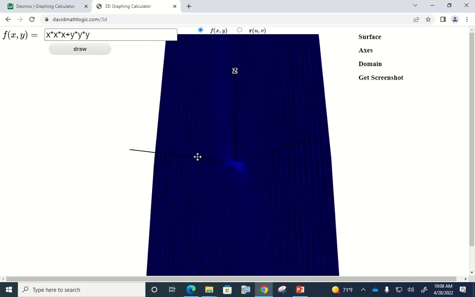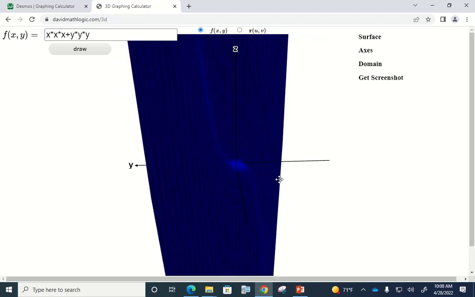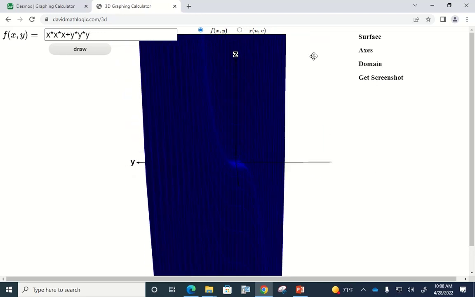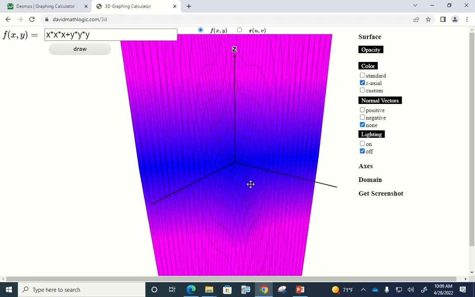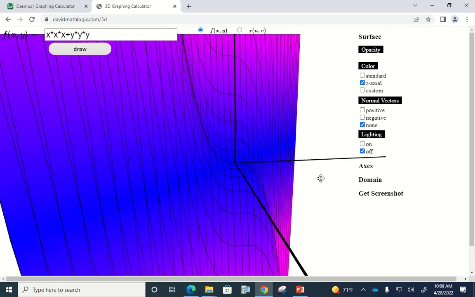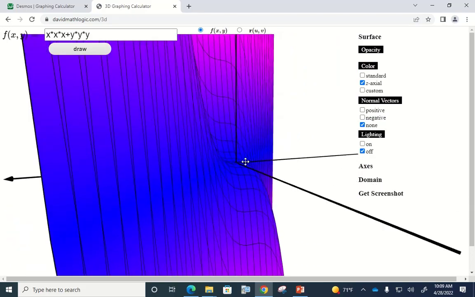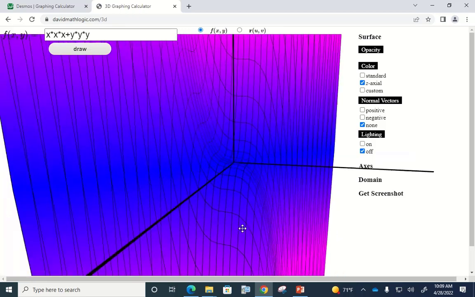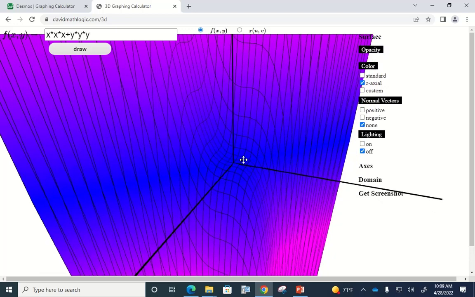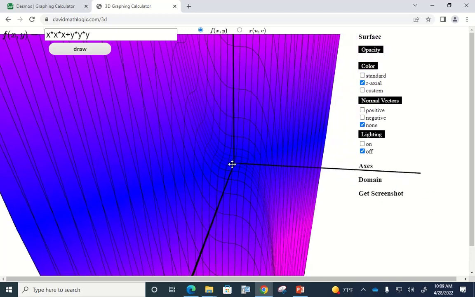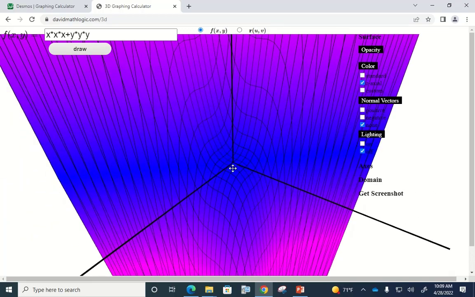Yeah. So it might be difficult to tell because this is a little bit darker than I want it to be. There we go. But this point at the origin, at x is 0, y is 0, it seems like in the y direction and x direction, you're sort of increasing in function value as you approach 0. And then also in the x direction and the y direction, the function's increasing after that.